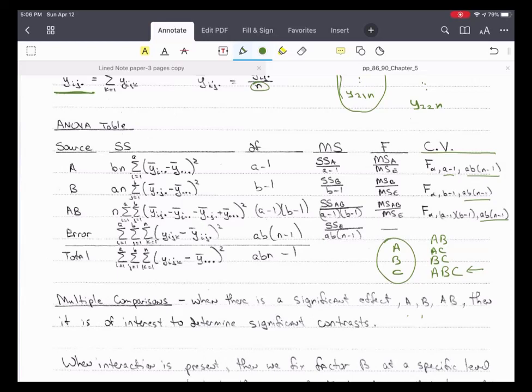So everything that has an A has to stay. Everything that has a B would have to stay. And everything that has a C would have to stay. So the rule is that if you have some type of interaction that's significant, then you keep everything that has any one of those letters in it.